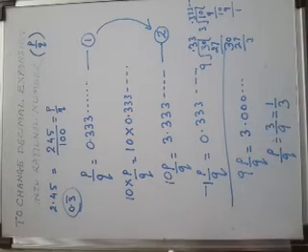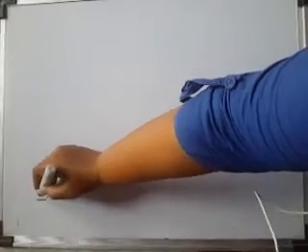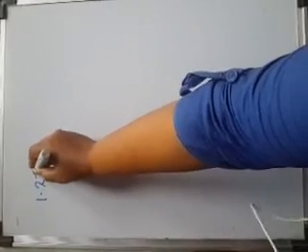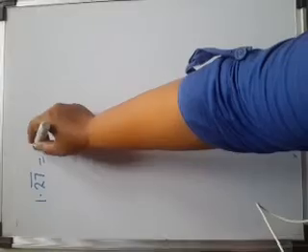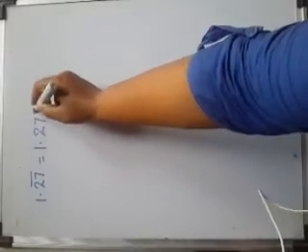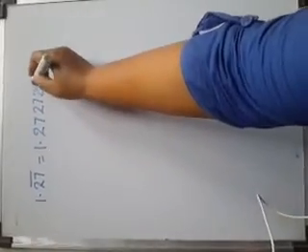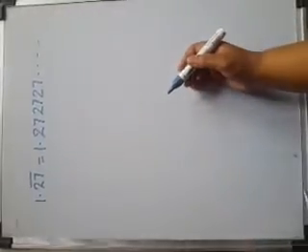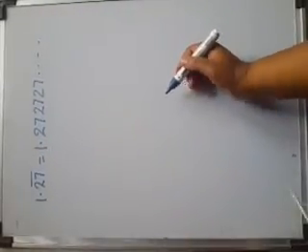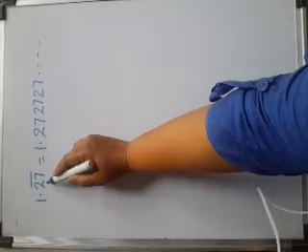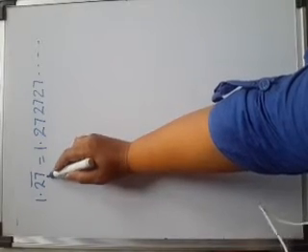Let's take 1.27 bar. It means 1.272727 and so on. Now what you have to remember is, you have to see how many digits are there in the repeating block.